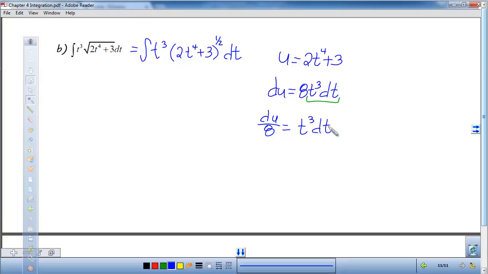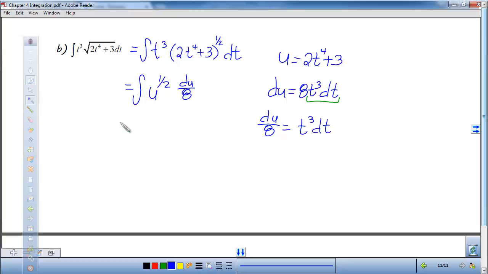And so when I go back to substitute, for (2t to the fourth plus 3) to the 1/2, we get u to the 1/2. And then for t cubed dt, I have du over 8. Next time we'll probably just go ahead and pull that 1/8 outside of our integral symbol, and then it'll just be du over here on the right.